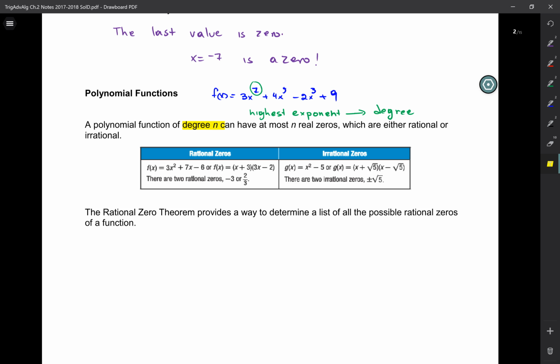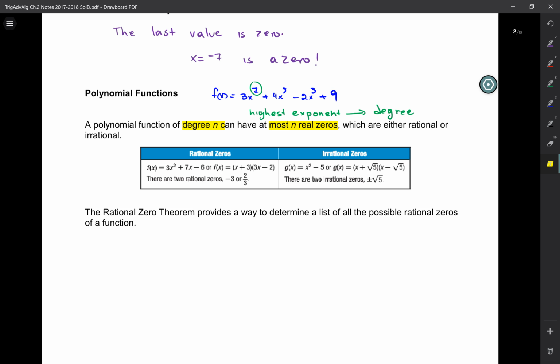Now, whatever the highest exponent is, it's magical. A polynomial function has at most that many zeros. So, if a polynomial function has a degree of 7, it can have at most 7 zeros.